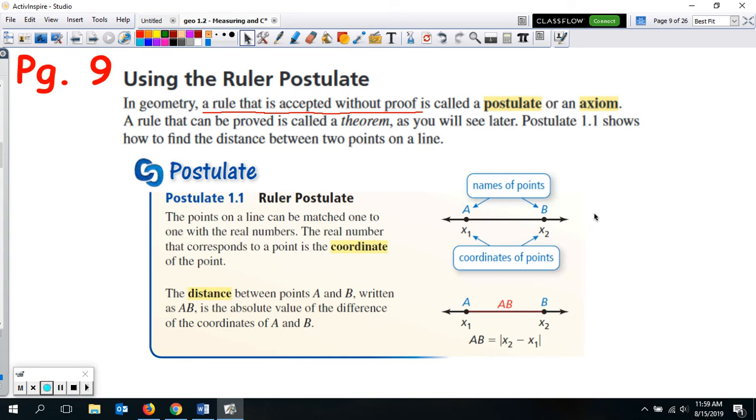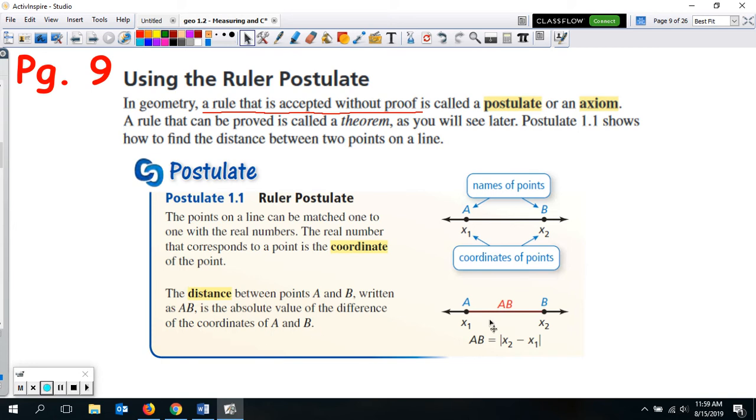Because it's a horizontal line, we want to look at the x numbers, because the y numbers would be the same number. The x numbers would be different. It says the distance between points A and B, written as AB, is the absolute value of the difference of the coordinates of A and B.